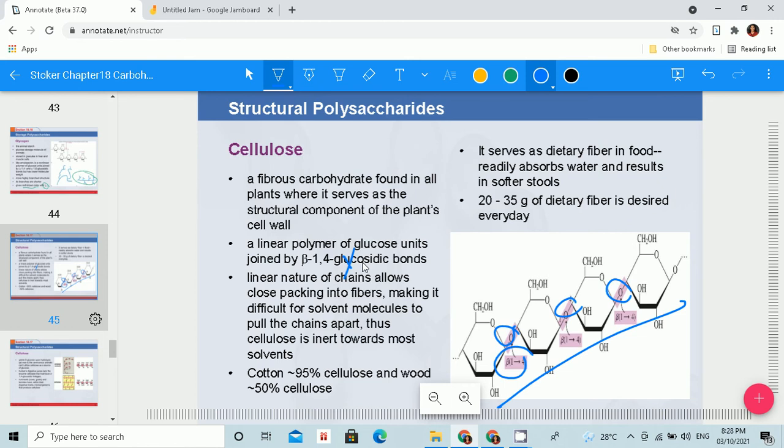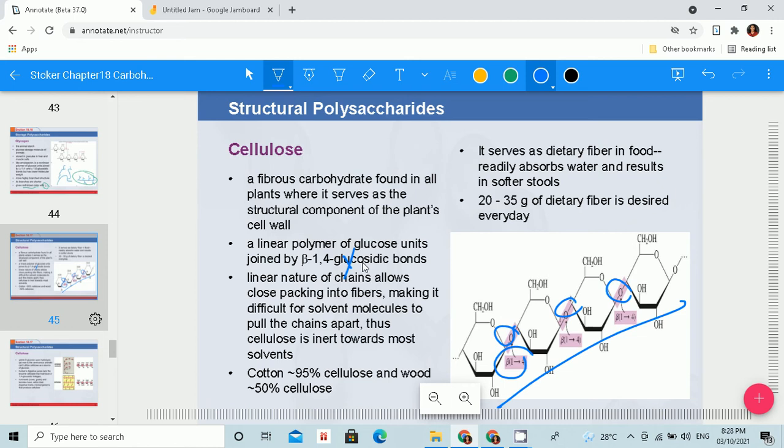Okay, so in cotton we have 95% cellulose and wood is 50% cellulose. So cotton has 95%, so it has higher cellulose than our wood.